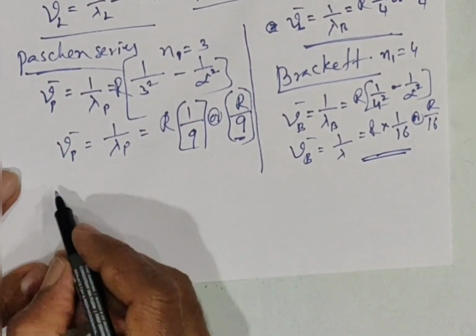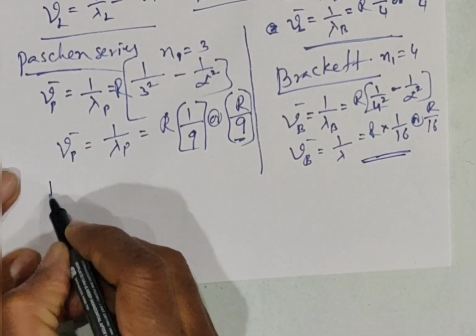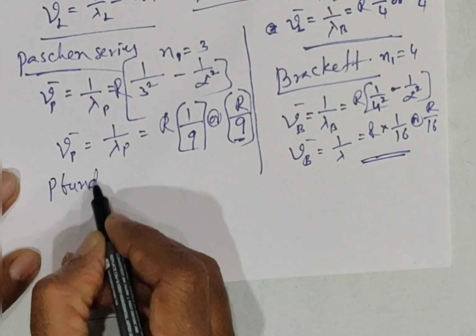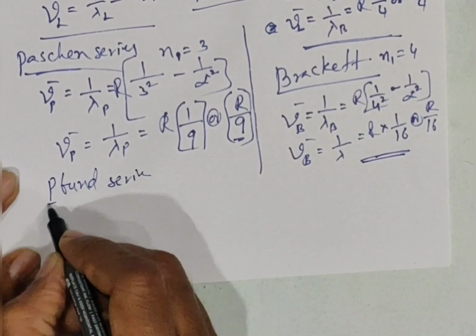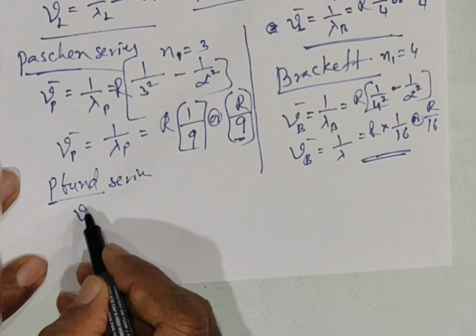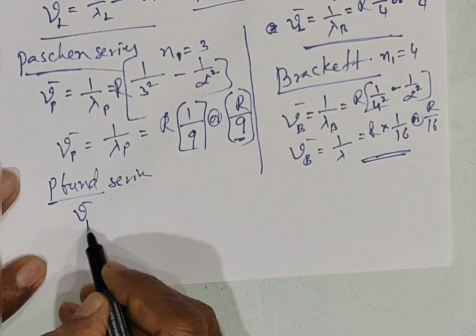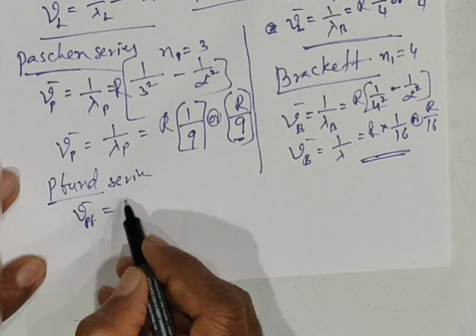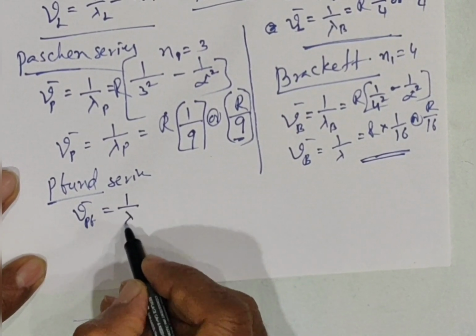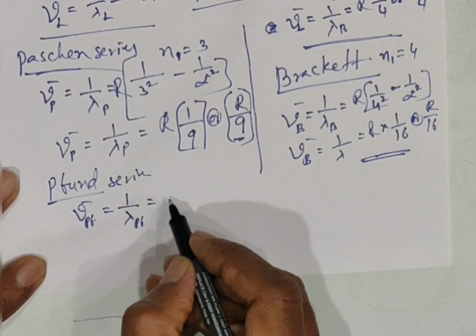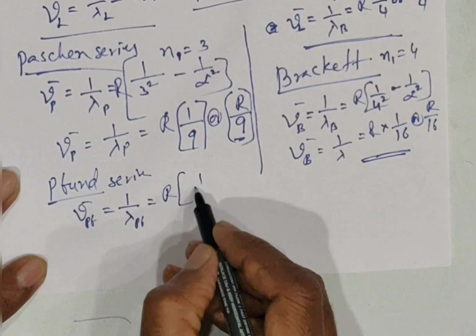Next, last one is Pfund series. In Pfund series, nu bar Pfund is equal to 1 by lambda Pfund is equal to R into 1 by 5 square minus 1 by infinity square.